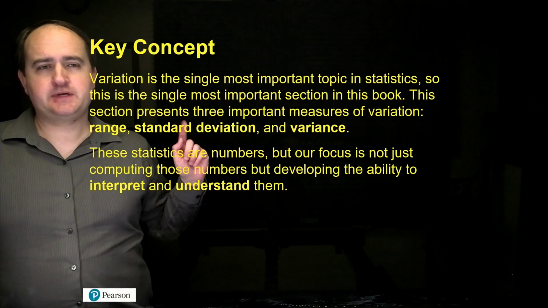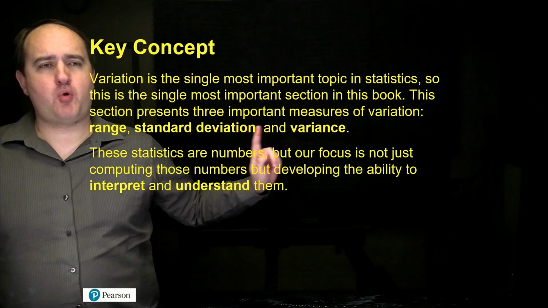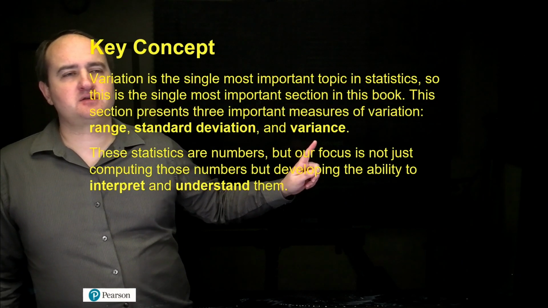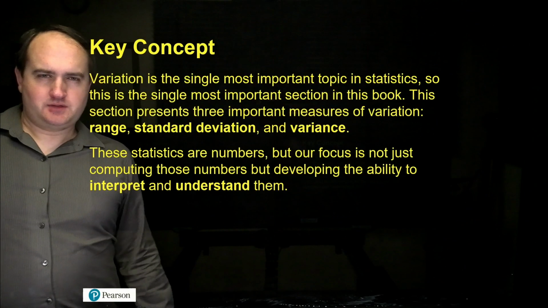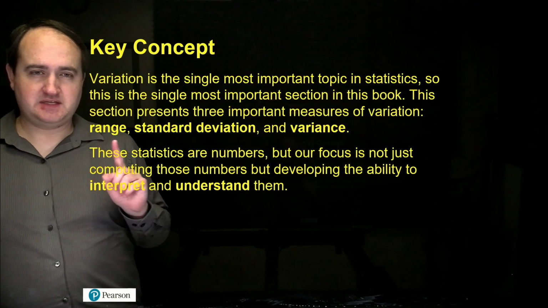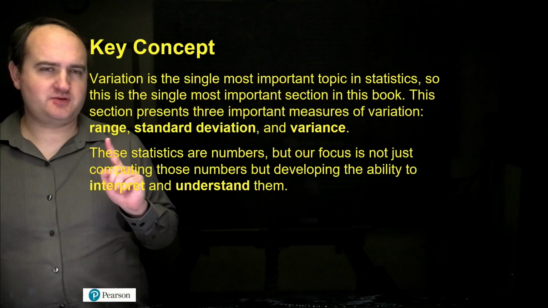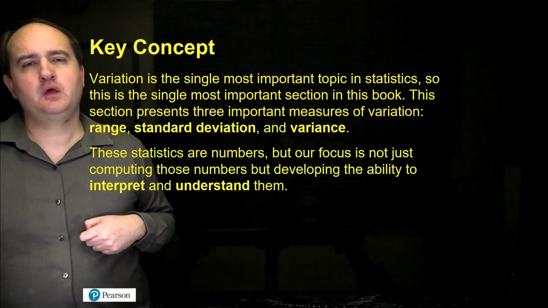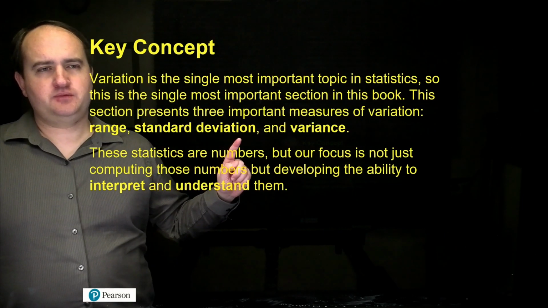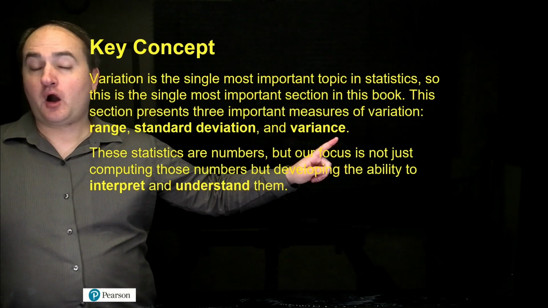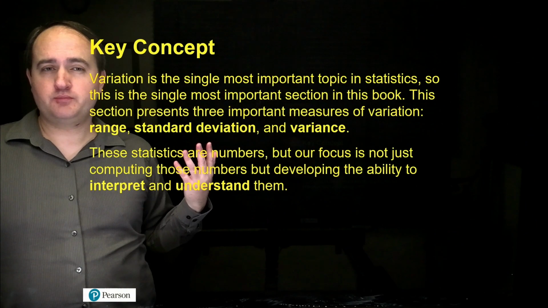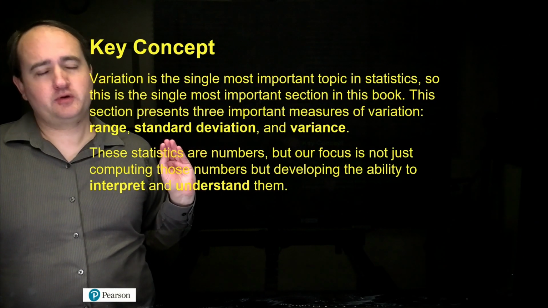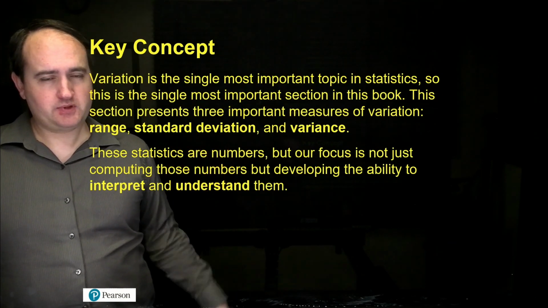This section represents three important measures of variation: range, standard deviation, and variance. So the good news is that the range is easy to calculate. The bad news is that the range isn't that useful. The standard deviation and the variance are both difficult to calculate by hand, but they're also very important and very useful, so we can't skip them.